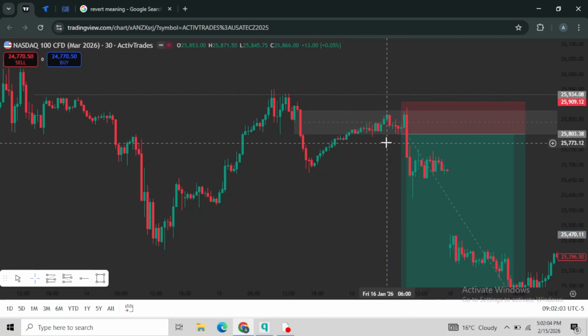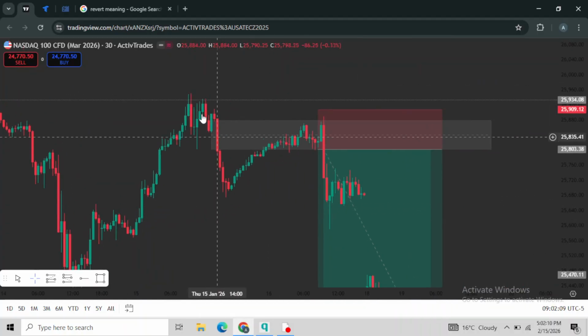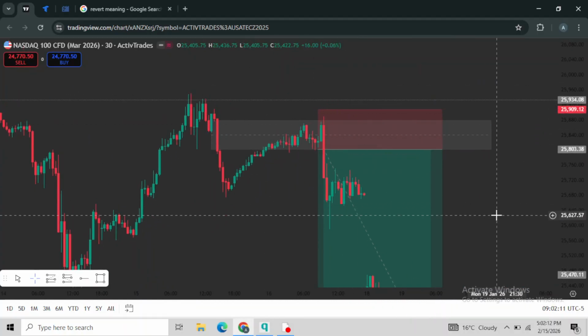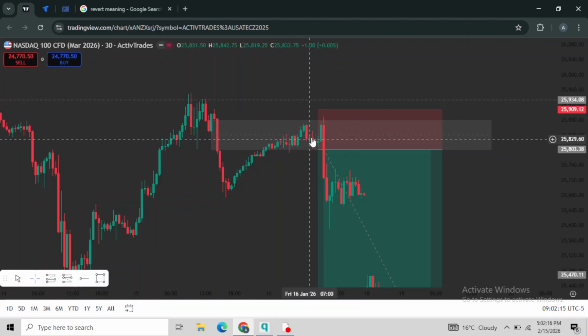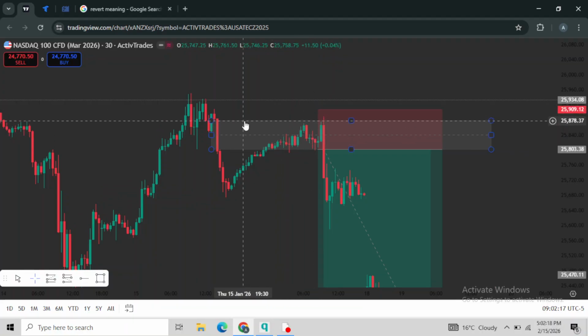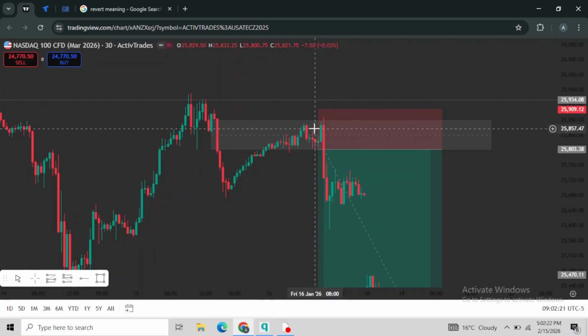So coming into Friday, price is still lingering or ranging around my entry model. Price has failed to fill it because it is still below this. And on this day, remember, I took buys. I don't know why.